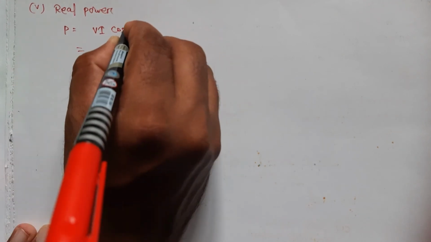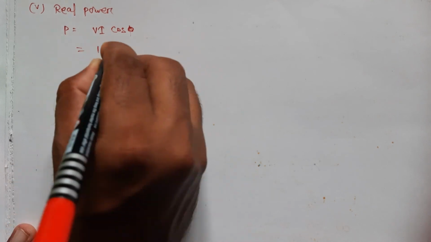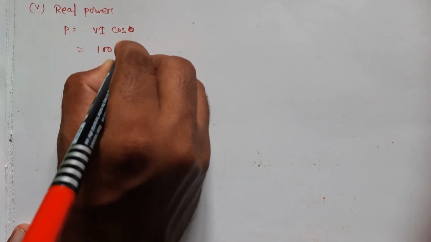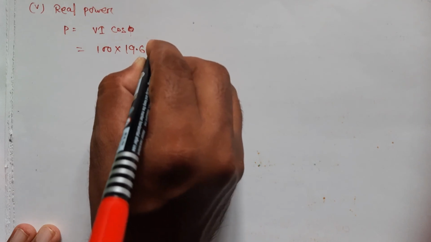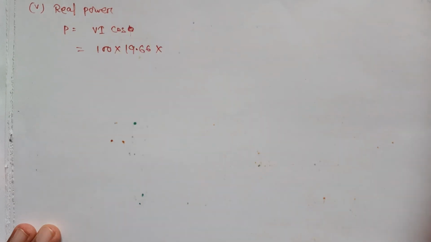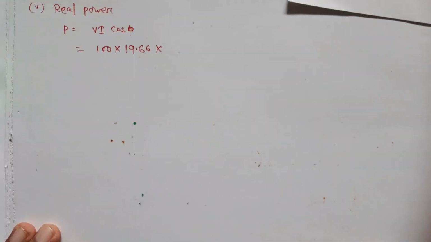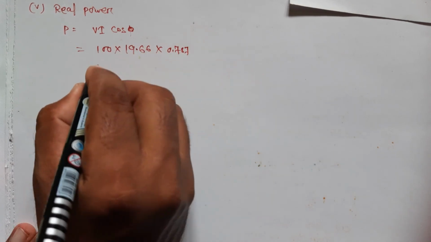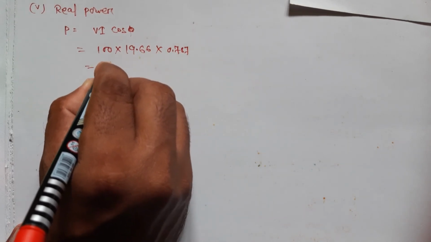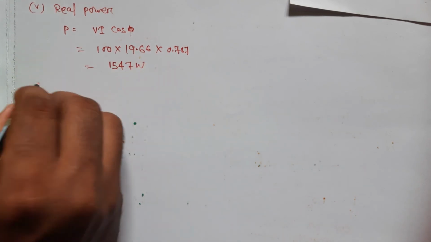So V is 100 into I equal to 19.66 into cos phi. We already found cos phi as 0.787, so putting this value in, we got 15.47 watts.